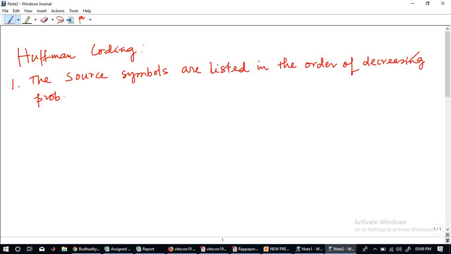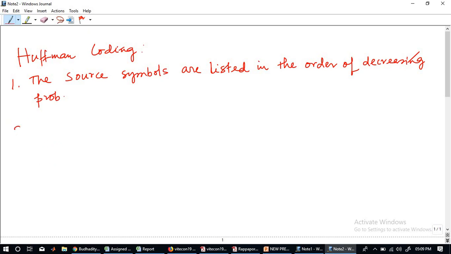So it is very similar to what we had for the other codings as well. So whatever the probabilities are given to you, you have to make sure that the highest one sits right at the top of the probability chain and the last one will be the least probability. So that's one.